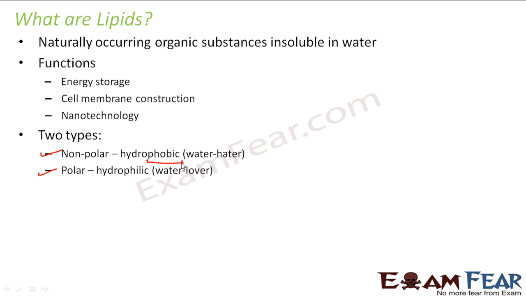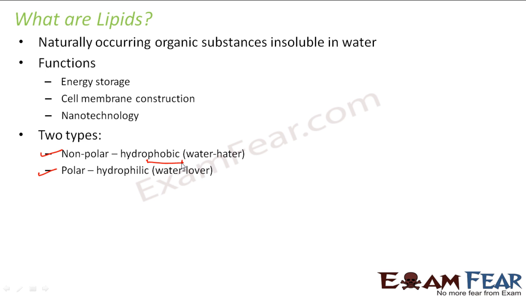Phobic means fear, as in phobia. If someone has a great phobia of ghosts, that means he fears ghosts. Hydro means water, so hydrophobic means something that fears water, a water hater. These non-polar lipids do not want to mingle with water. Whereas polar lipids are hydrophilic. Hydrophilic means water lover. So these are the two categories of lipids.